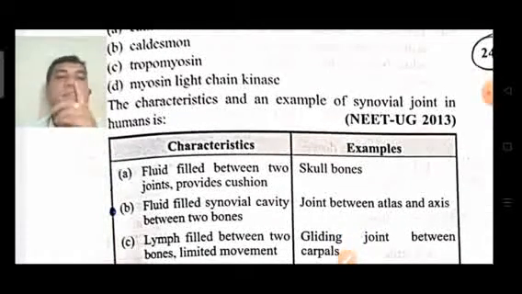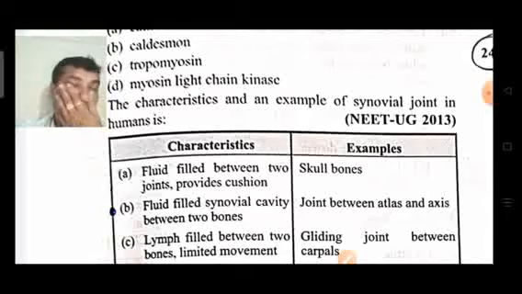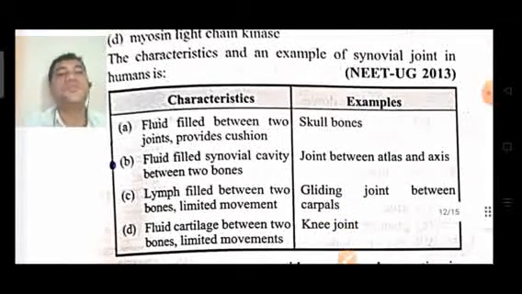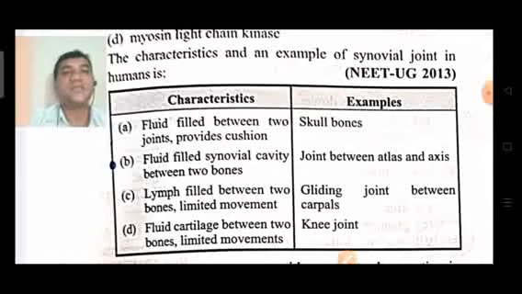The characteristics of, and an example of, a synovial joint in humans: fluid filled between two joints provides cushion, skull bones. Fluid filled synovial cavity between two bones, joints between atlas and axis.